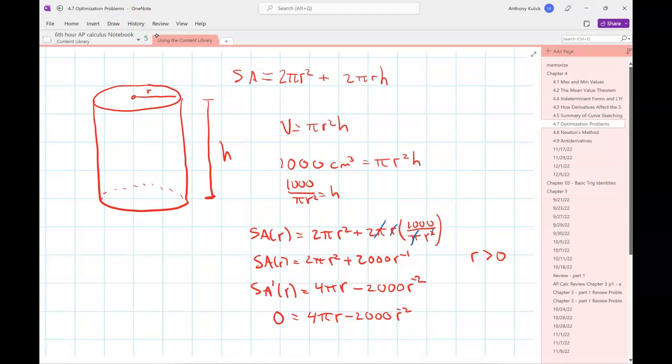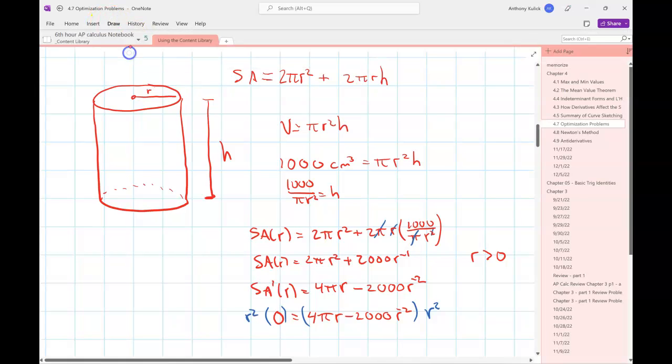Okay, algebraically, what's going to be the best thing to do to start solving this for R? Well, one's a negative exponent, so you can, but it's weird. Multiply both sides by something. Yeah, R squared.